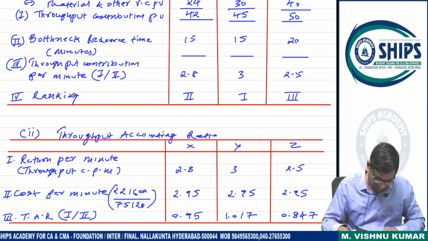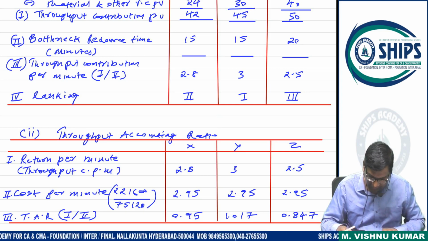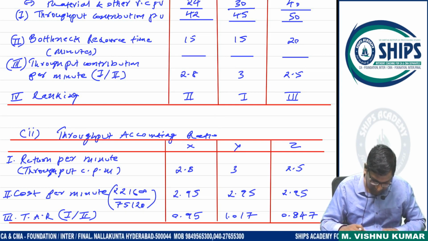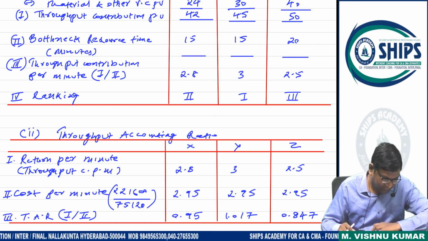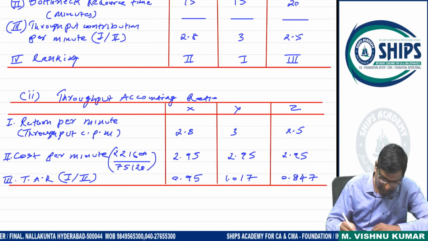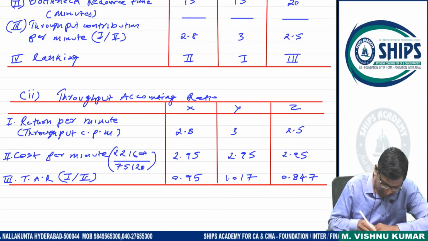According to the throughput accounting ratio, it should be more than 1. So the ratio for X and Z is less than 1. What can we recommend? Product Y should be manufactured.